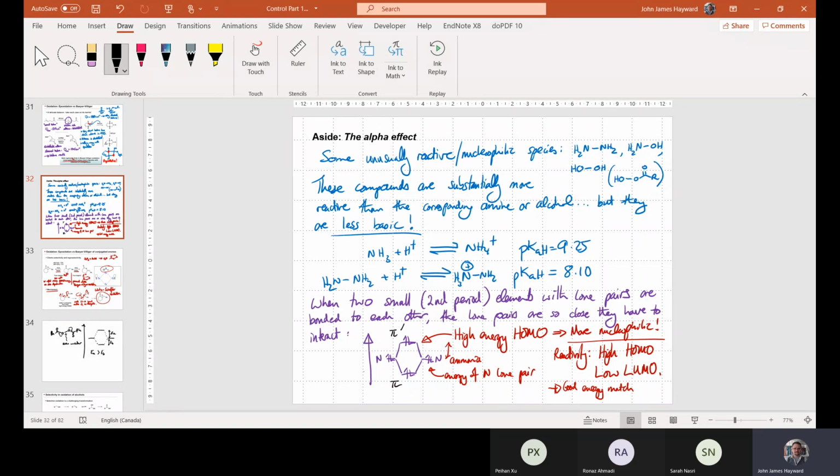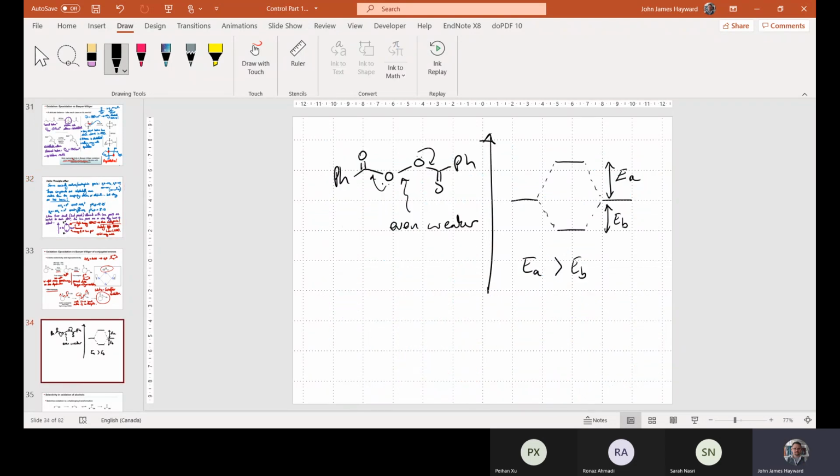Now, in the case that we're looking at here, the bond is a pi bond and the antibond is a pi star bond. Now, because we're looking at the interaction between p orbitals, and if you consider the canonical structure that we draw for hydrazine, well, we can draw a lone pair down here and a lone pair over here, where they're as far away from each other as they can be.